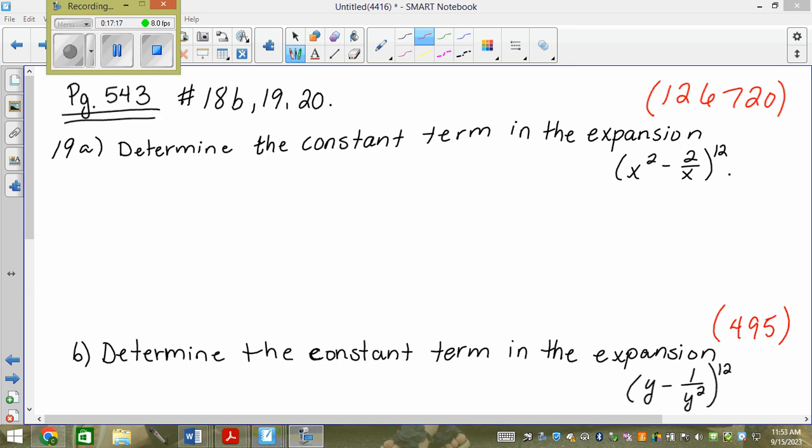So the part that's in the red is the actual answer. So you'll know you're right if you get those red answers. If you don't get them, put your hand up.